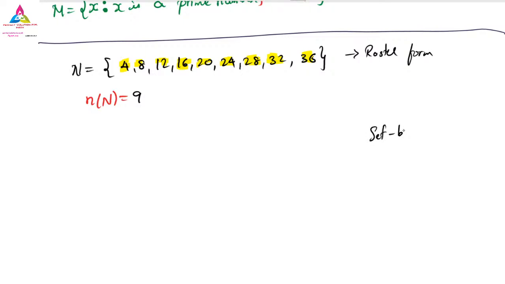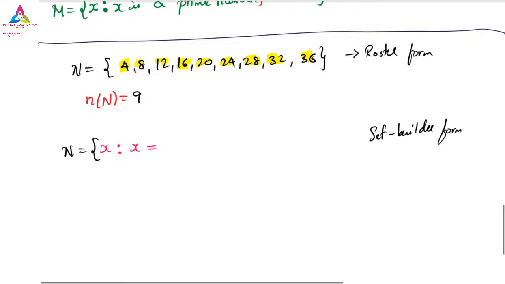So what is the set builder form? N is equal to, we can write, x such that x is equal to, and here we can write it in two types. What is the logic behind this? If you see 4, 8, 12, 16, 20, 24, 28, 32, 36, we have one logic.